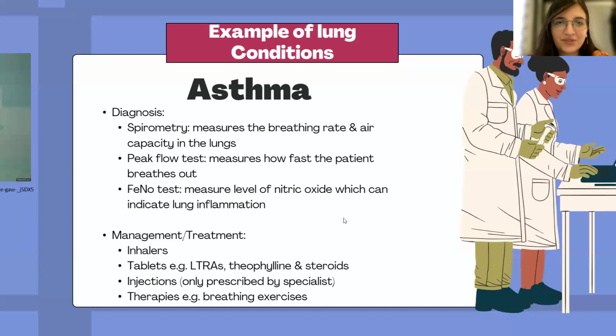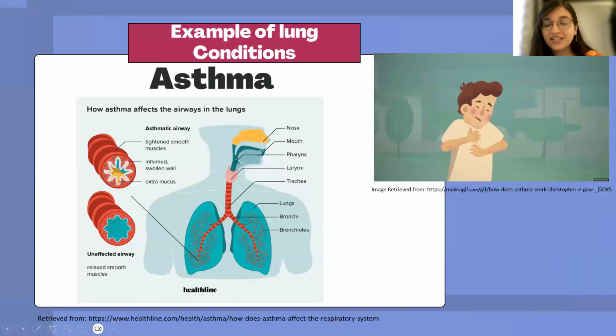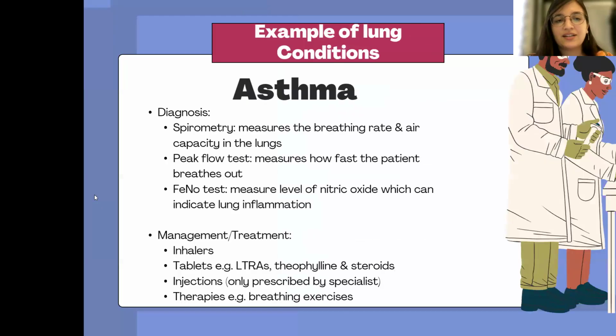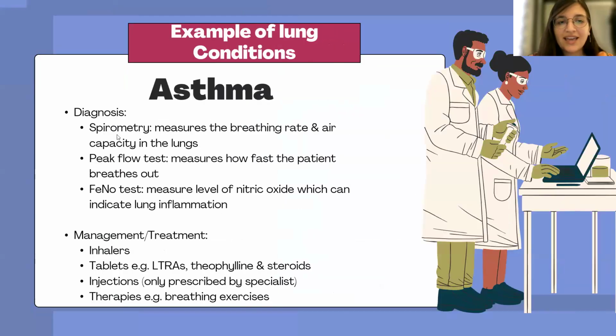Okay, thanks, Sue. So how do doctors or researchers test for asthma? How do they see if a patient has asthma or not? They can use the spirometry, a peak flow test, or a FeNO test. These are just for your information, but it's okay if you forget the names.